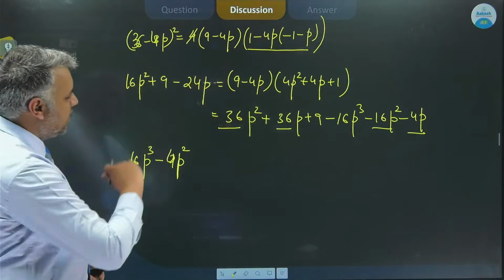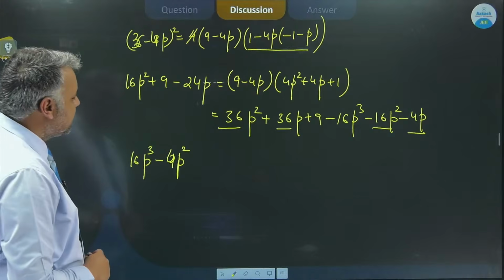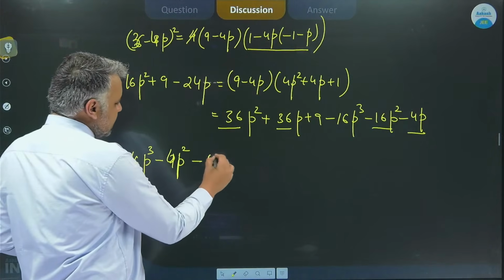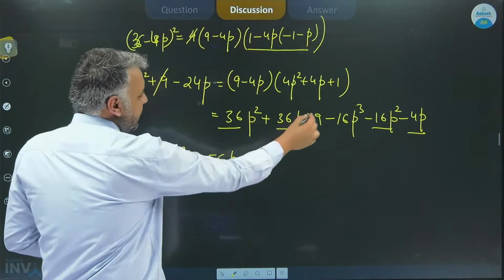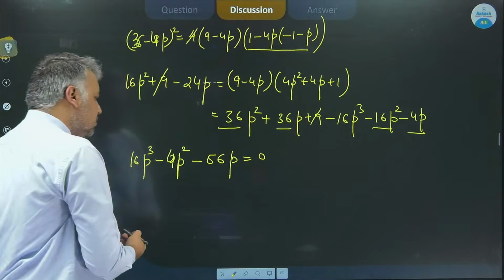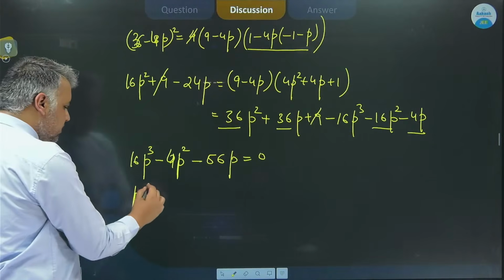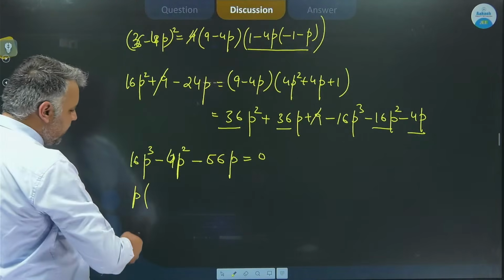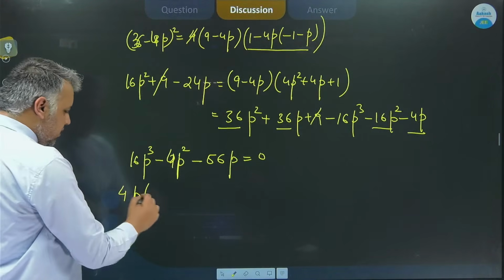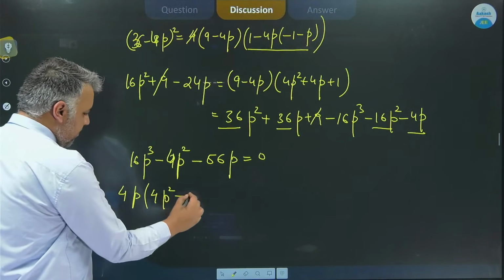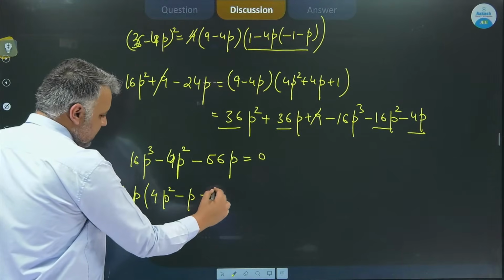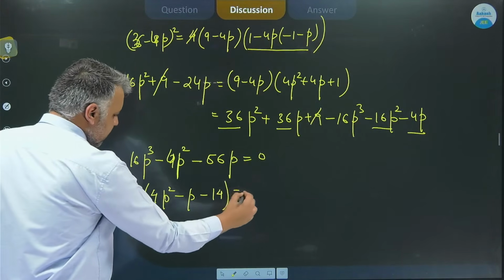If we take it on the left side, this will be minus 56p. And I think 9 will be cancelled out. So this is 0. So we can easily solve it because we can take 4p common. So this is 4p times (4p square minus p minus 14) is equal to 0.